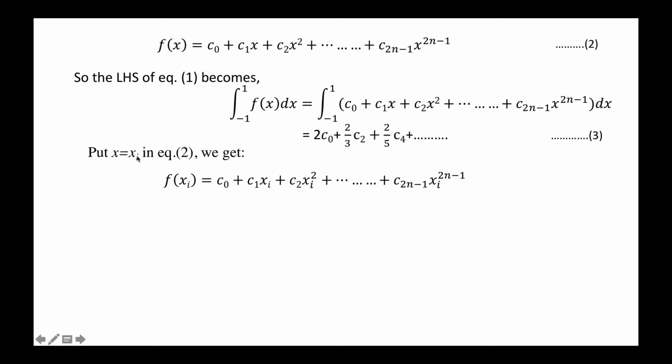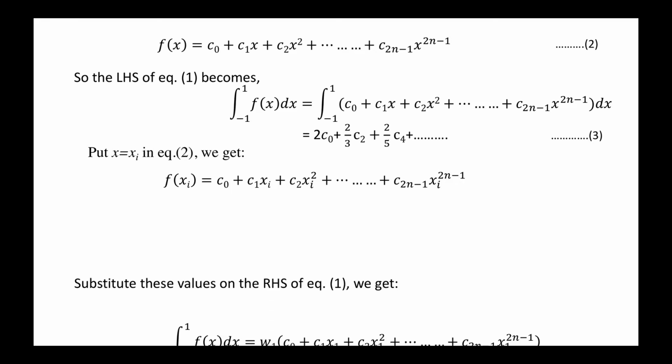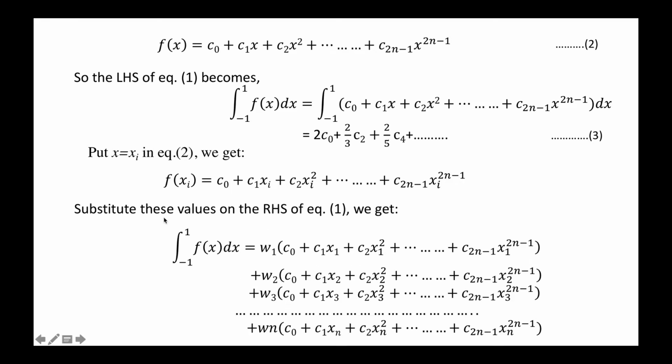Also, let us put x equal to xi in equation number 2. We get f(xi) equal to c0 plus c1 xi plus c2 xi square, and so on, plus c(2n-1) xi to the power 2n minus 1. Now substitute these values on the right hand side of equation 1. Equation 1 was the integral from -1 to 1 of f(x) dx equal to w1 f(x1) plus w2 f(x2), and so on.